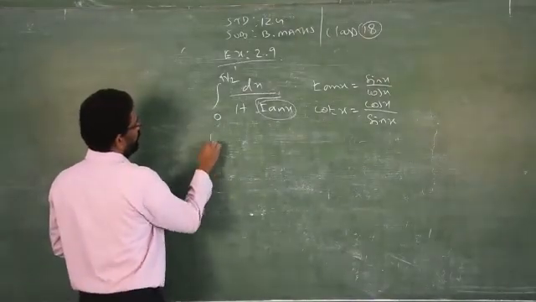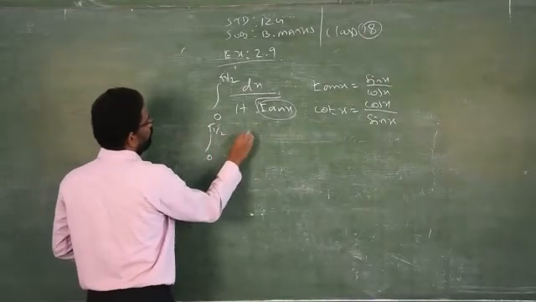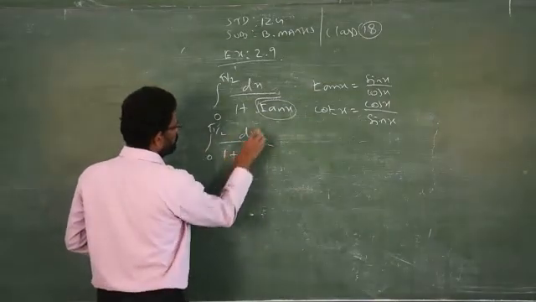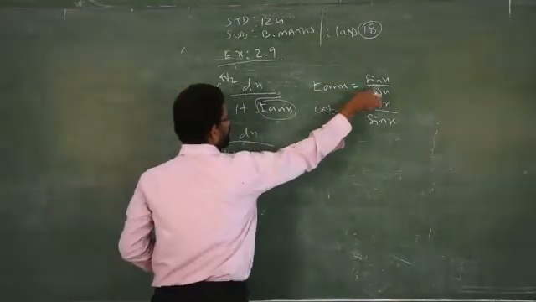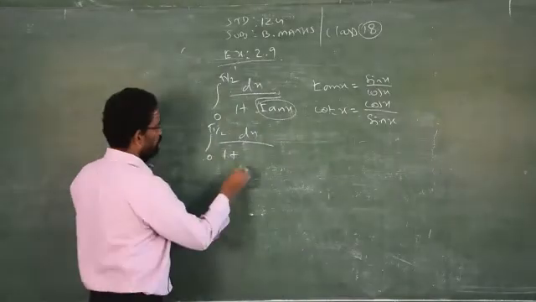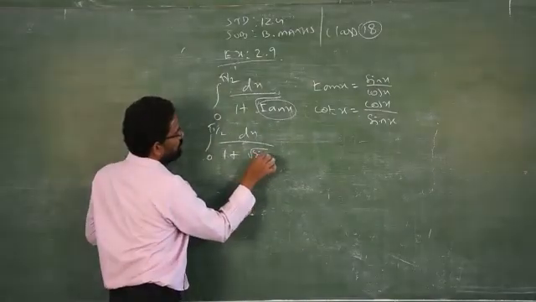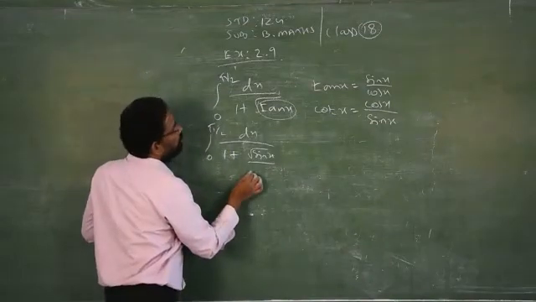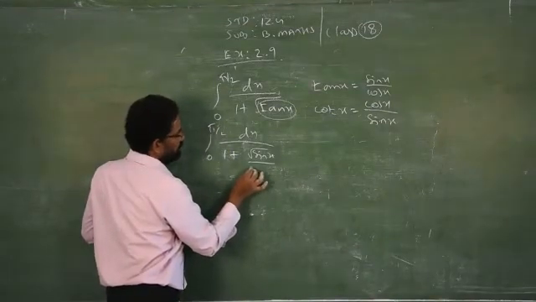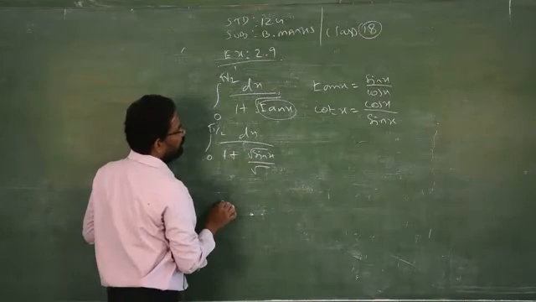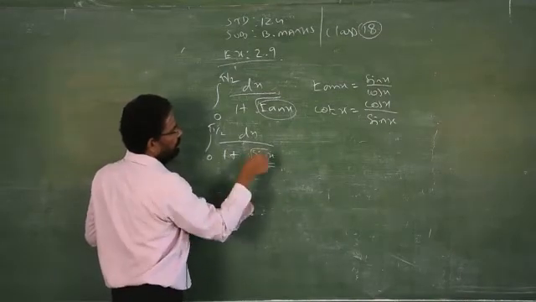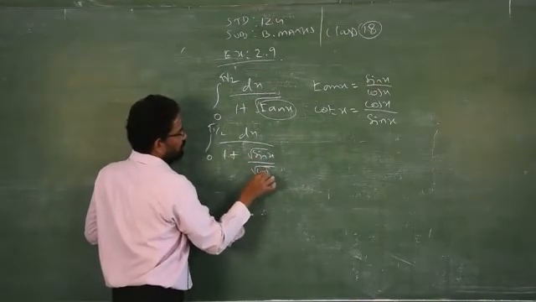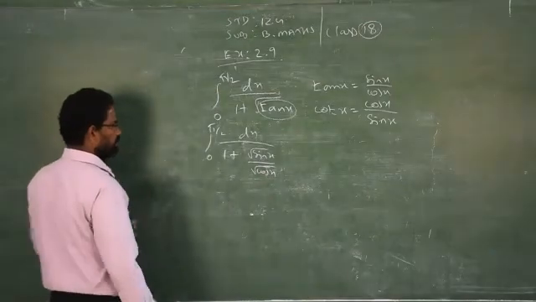So 0 to pi by 2, 1 plus tan x, which should be replaced by sin by cos, that is the standard formula. So I am replacing tan x by sin x by cos x. It is inside the square root, therefore I write the ratio inside the square root: square root of sin x by square root of cos x.